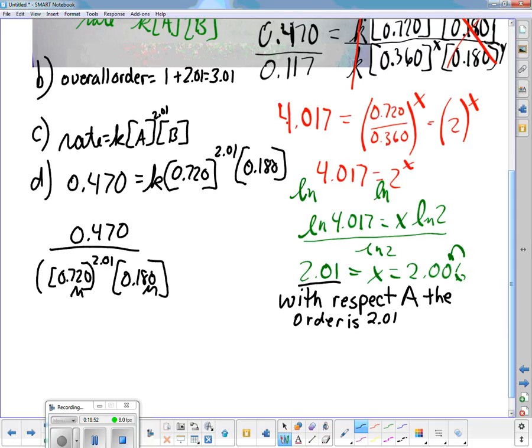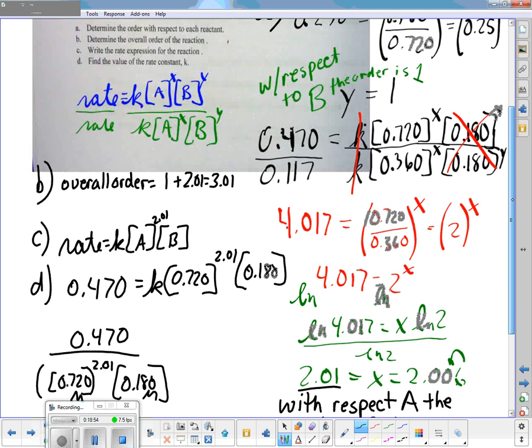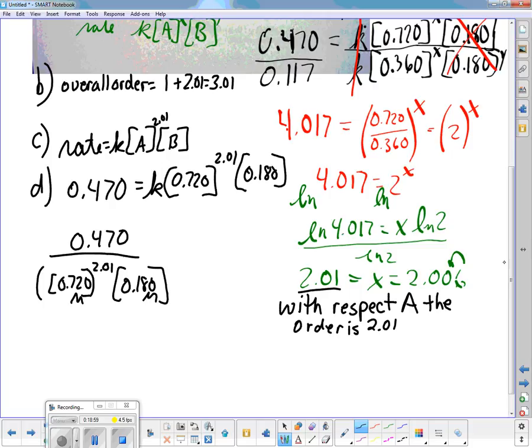And what were the units on that rate? Moles per liter second. So this one is molarity times second to the minus 1. So we've got it, and this is all equal to K. Molarity times inverse seconds.